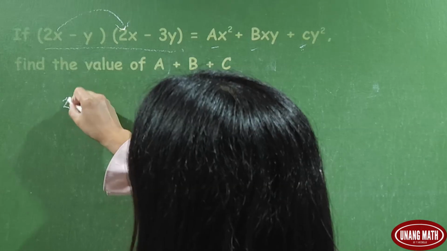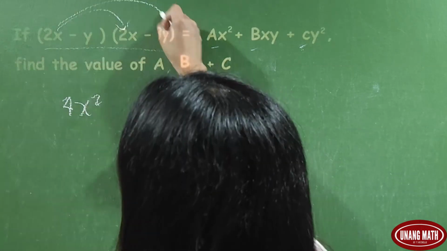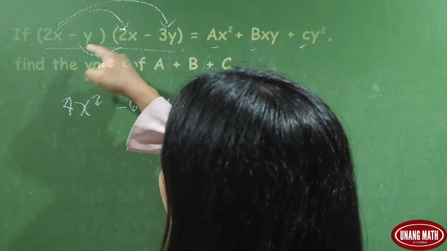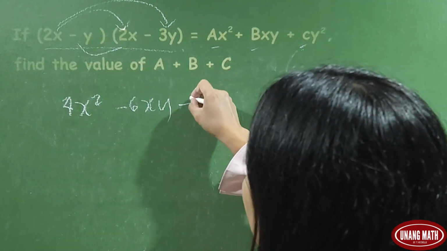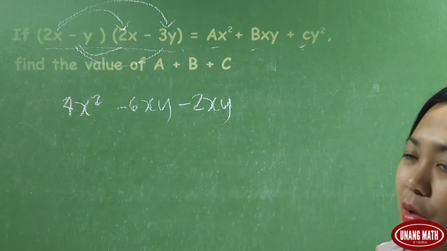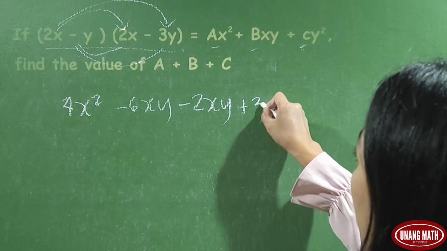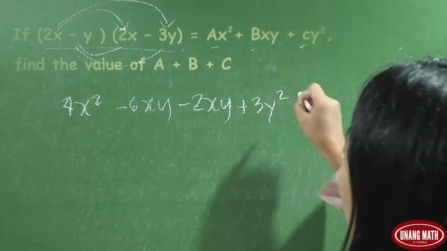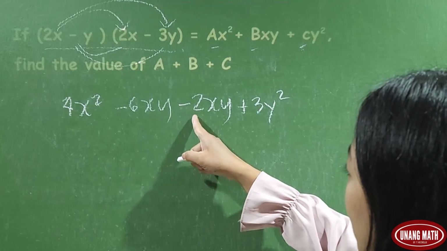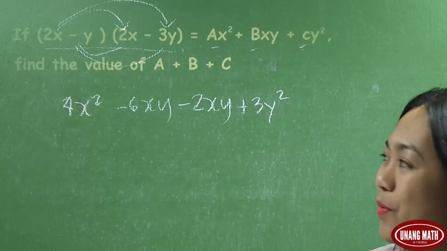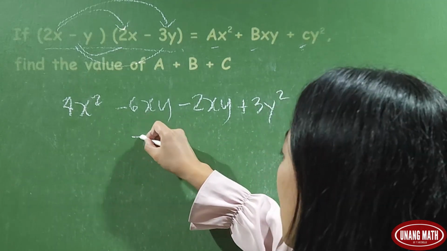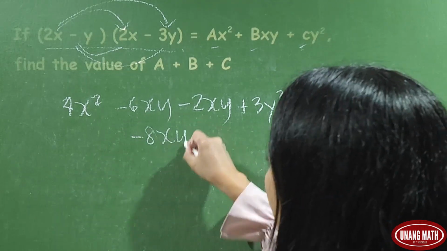So this is now 4x squared, negative 6xy. Negative y times 2x is negative 2xy. Negative y times negative 3y is positive 3y squared. Negative 6xy and negative 2xy are like terms, so we can combine these two terms, and this is equal to negative 8xy.